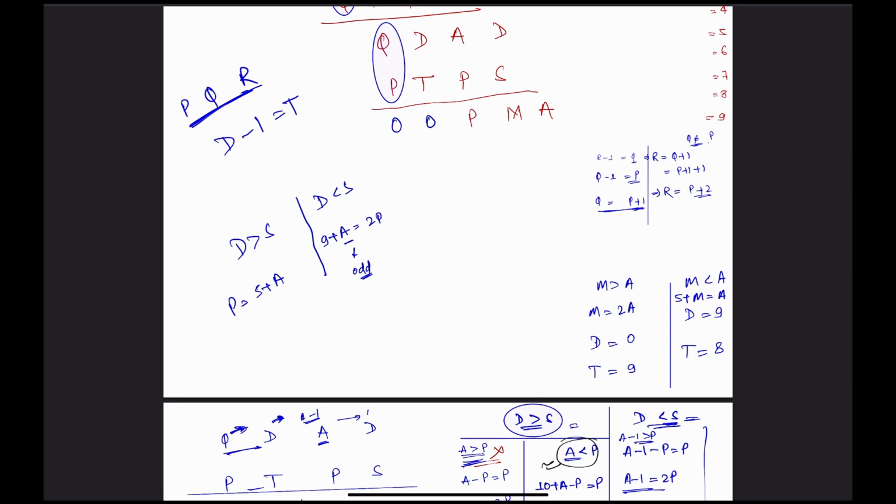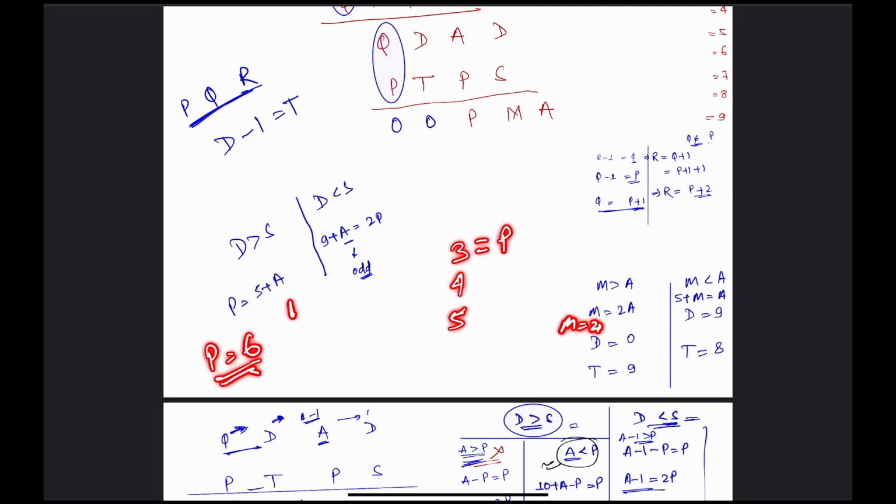Okay, let's take A as 1. So P will be 6. And in this condition, M will be 2. Right. So 1, 2, 3, 4, 5, and then 6, 7, 8, 9.